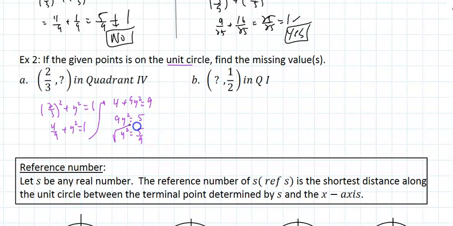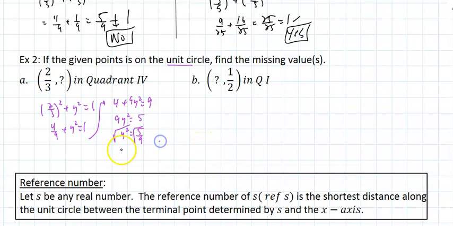And when I square root both sides, something we should really get out of the way, y would equal plus or minus radical 5 over 3. The question, is it positive or is it negative?